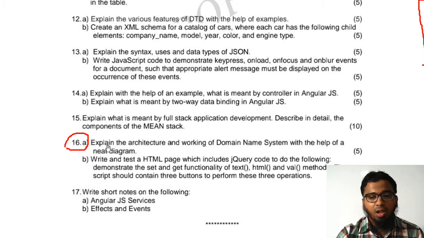So here: explain the architecture and working of the domain name system with the help of a neat diagram. In my PPT I gave you the domain name system. What is a domain name system? For example, if you type islengineering.ac.in, it will not search with the name.